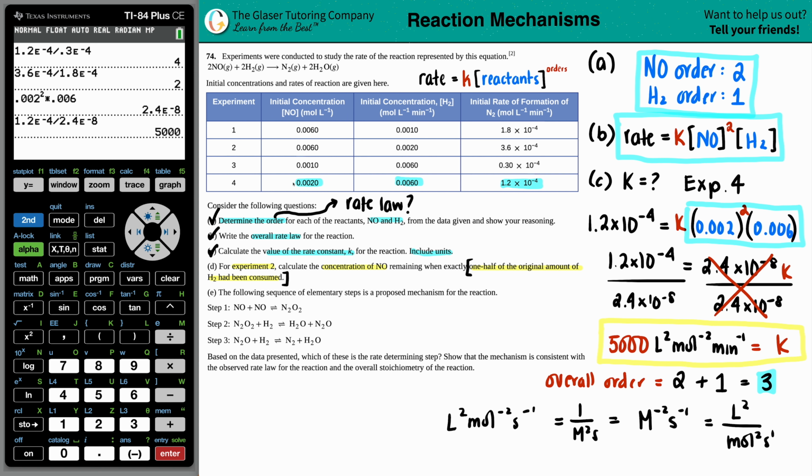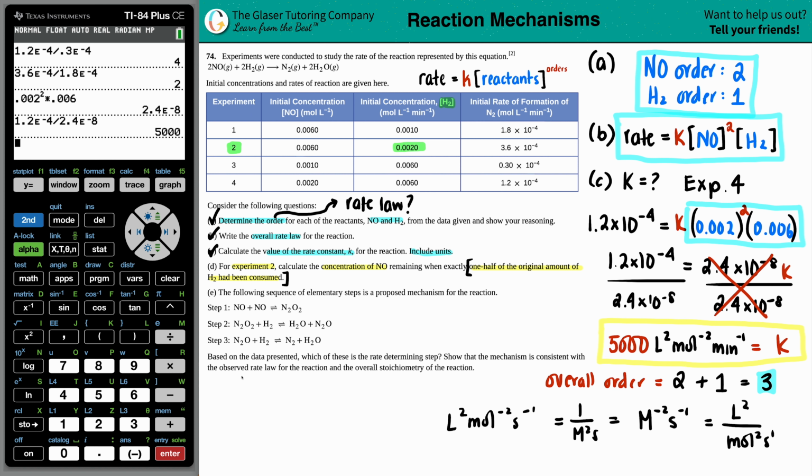Let's erase these just to not confuse us, because we're not going to use experiment 4 anymore. We're going to use the amounts for experiment 2. The H2 in experiment 2, the initial amount was 0.002.